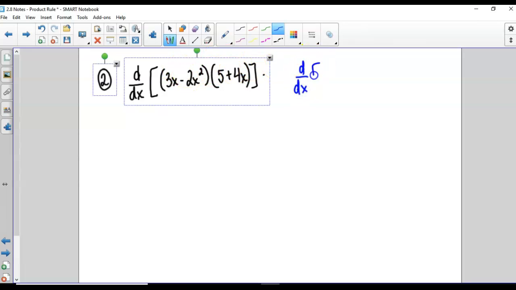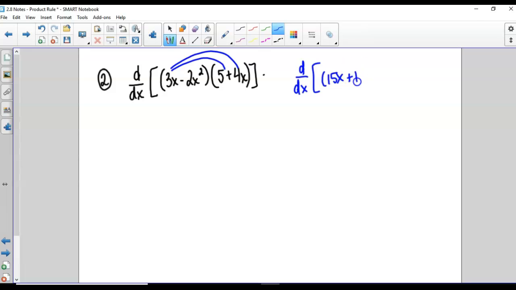Not taking the derivative yet, you would get 3x times 5 would be 15x, and then we'd have plus 12x squared minus 10x squared minus 8x to the third.